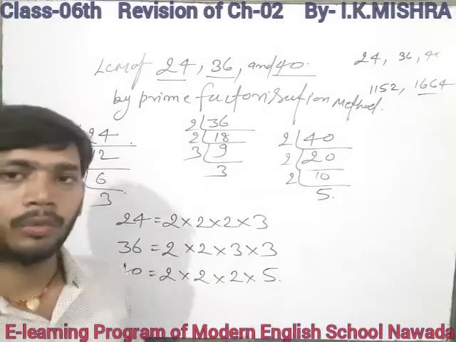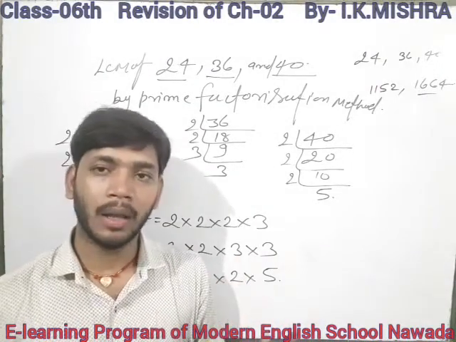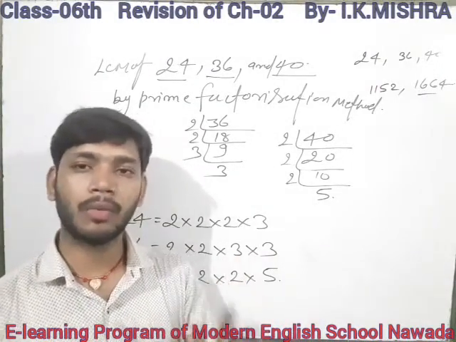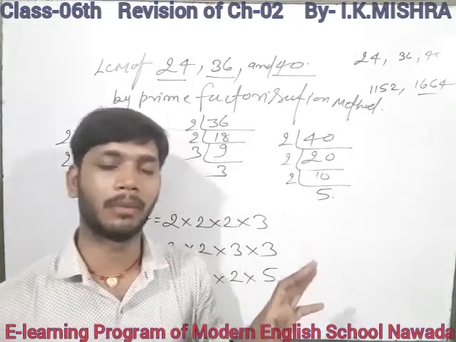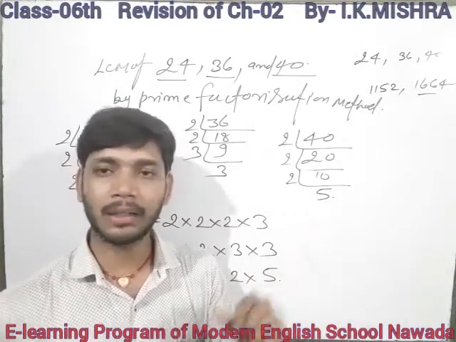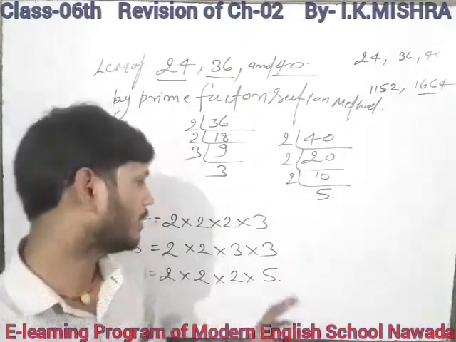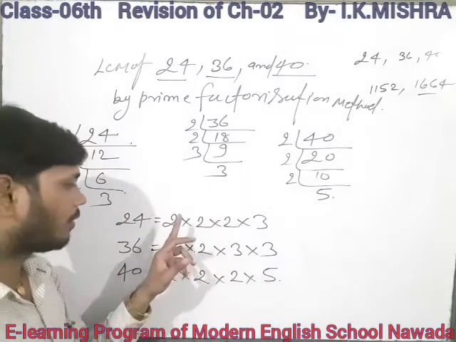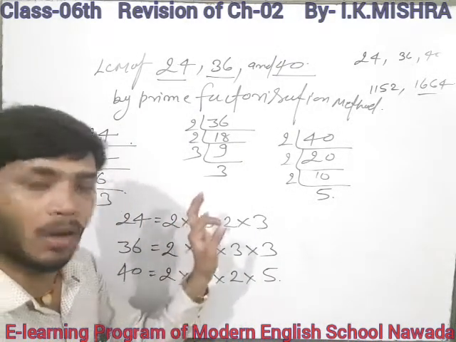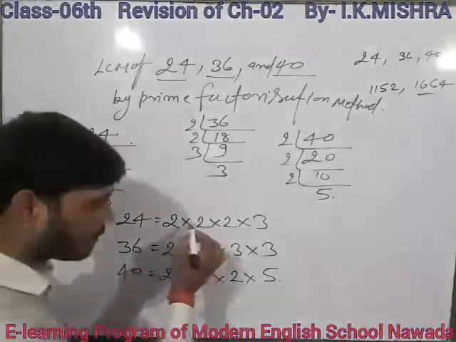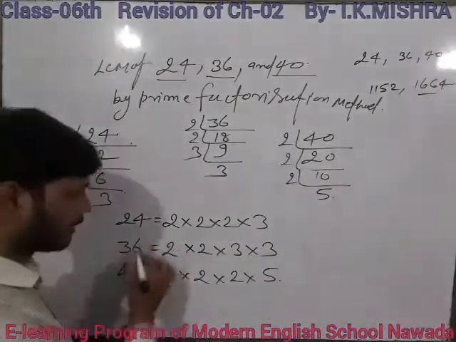Students, here we have to find the LCM. That means first of all find the HCF of the numbers, and you know how to find the HCF by the prime factorization method. You observe which factors are common in all of these numbers.